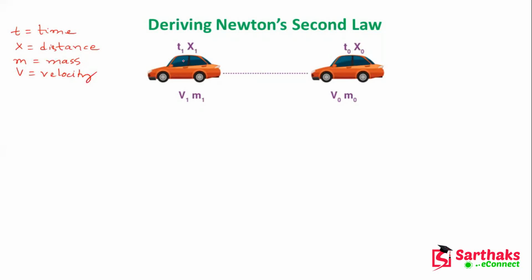So at time t0, the car is at distance x0, having the mass m0 and velocity v0, where this car has mass m1, velocity v1, distance x1, and t1 is the time.